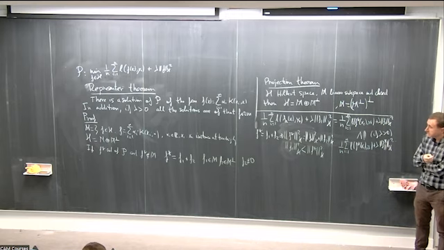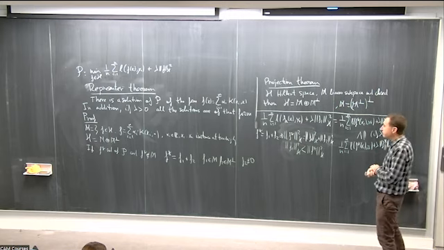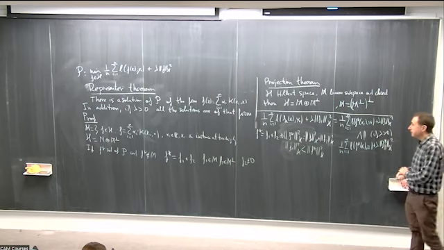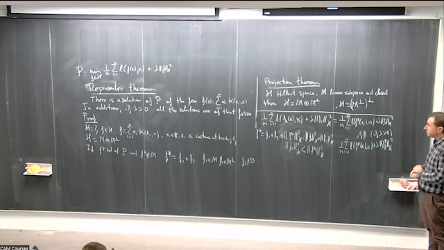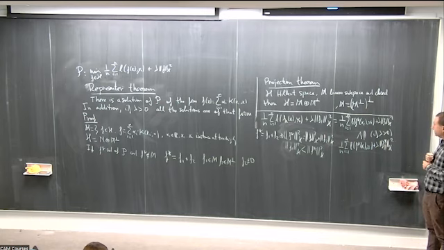Okay, so the proof is quite simple. And again we use the same type of properties as we always do: reproducing properties and simple properties of Hilbert spaces like the projection theorem.